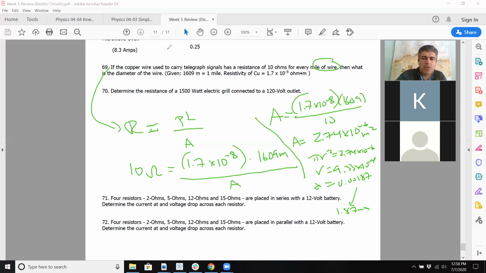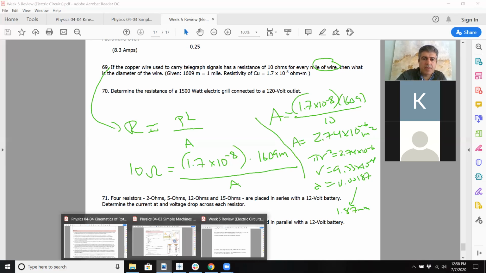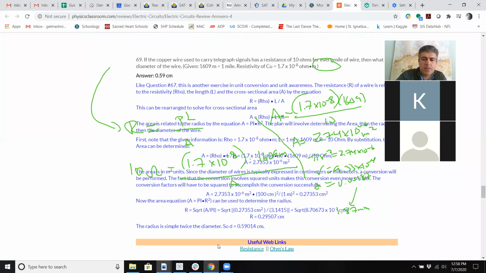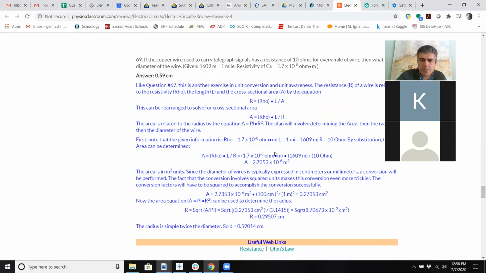Again, you can always check your answer keys for all that stuff. What did I do wrong here? Yeah, I got the right area. Think about this.